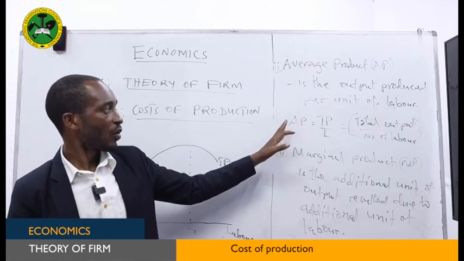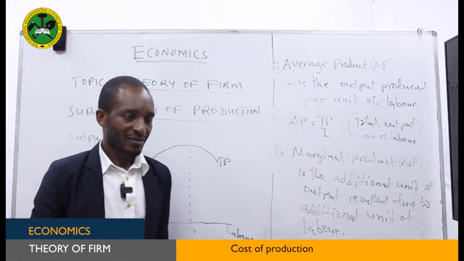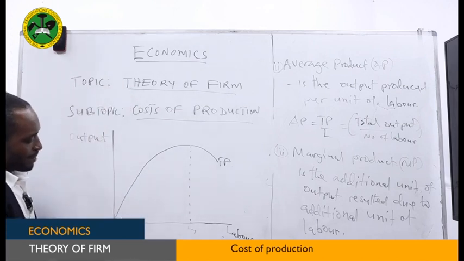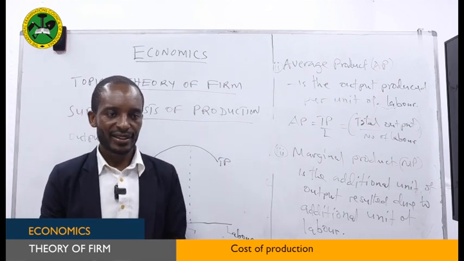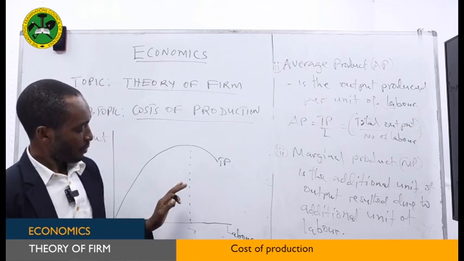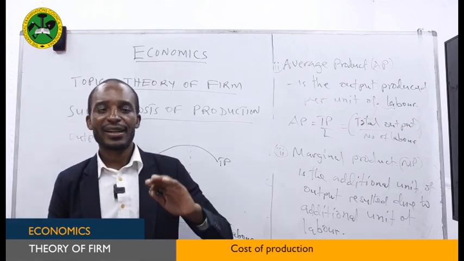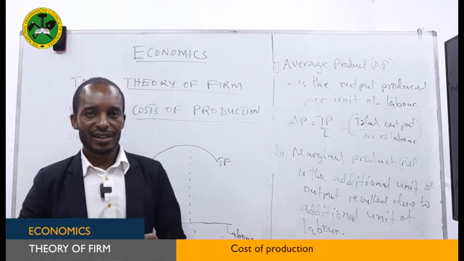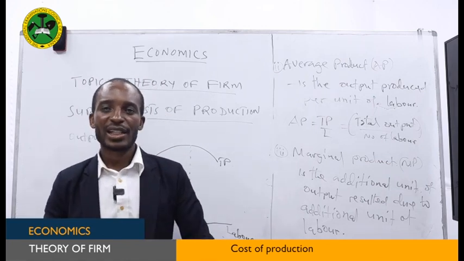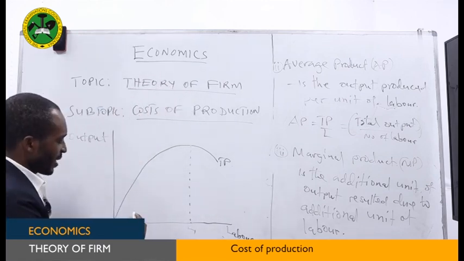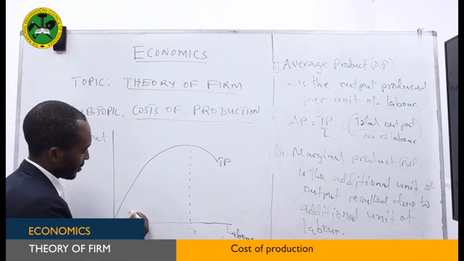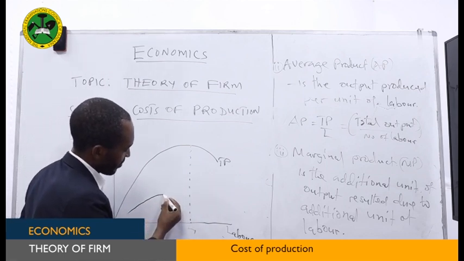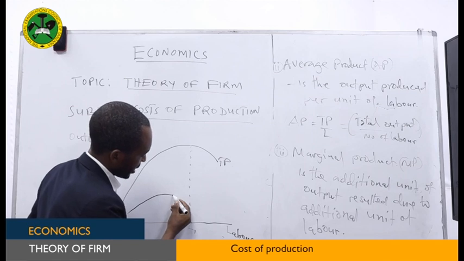Average product. Now, the average product curve, this one: at the beginning, as I employ units of labor, the average product, or the output per worker, will increase, and will reach a level where the average product is at a maximum. Then it will reach a point when the average product starts to decline.